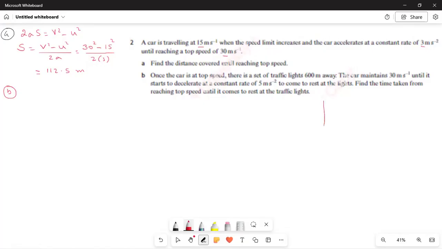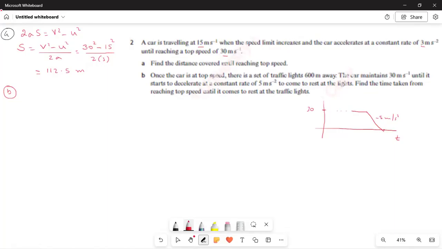So basically what's happening is, at some time the car's speed becomes zero, stopping at the signal. In the last part, its speed decreased from 30 meters per second to zero, and its deceleration was 5 meters per second squared. You can call it negative 5 meters per second squared.